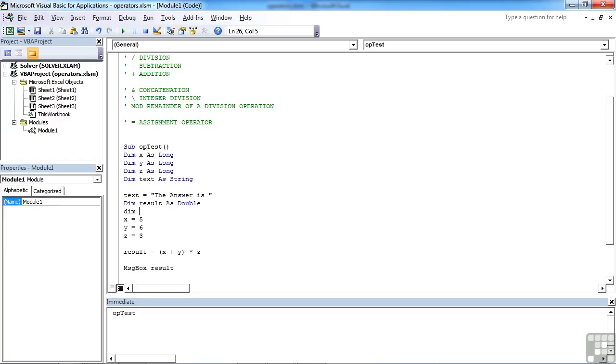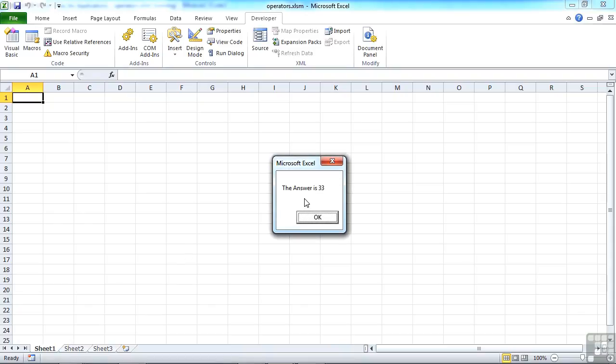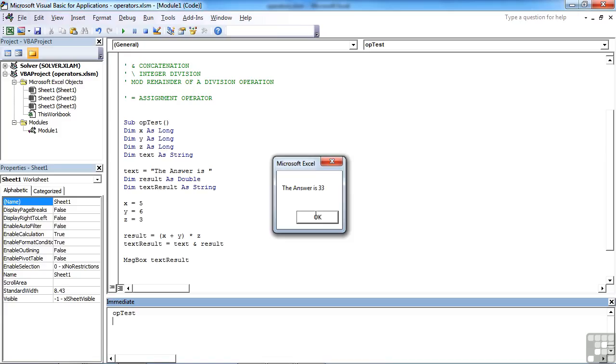So I need to put in text result as string, and then I can define my text result is actually going to be equal to my text and my result. And then we'll actually output in the message box the text result, which is contents of text, which is this string here, stick on, concatenate the actual numeric result. So I've stuck two different data types together there. We run the test and we get the answer is 33.